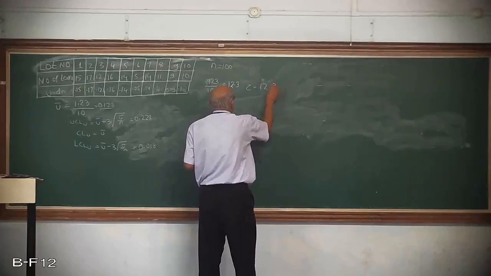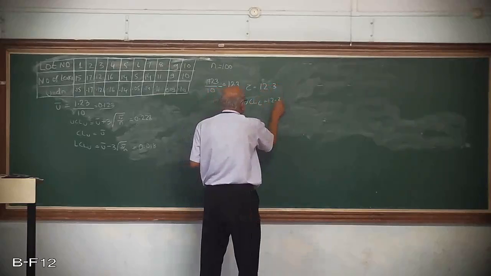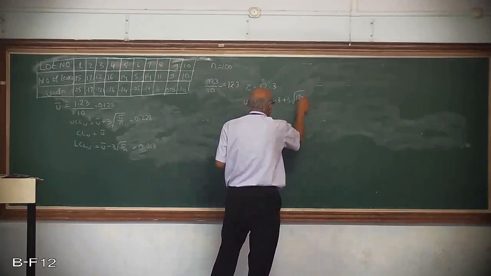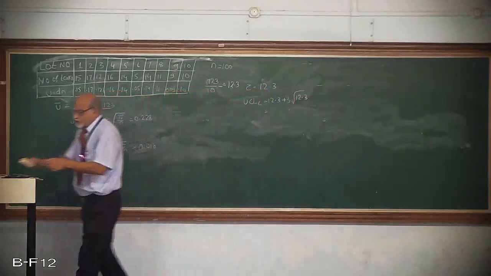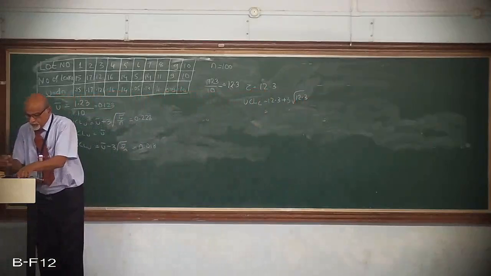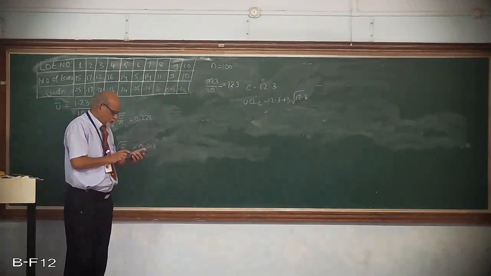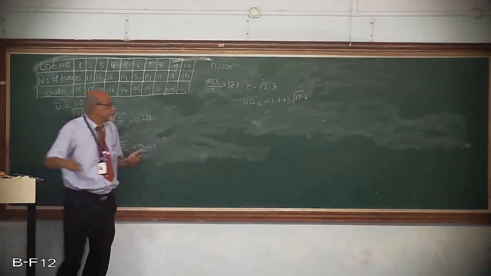12.3. So upper control limit is 12.3 plus 3 square root of 12.3. The square root works out to be 3.507.